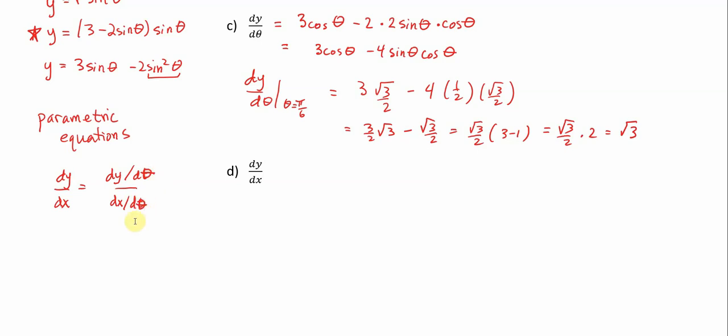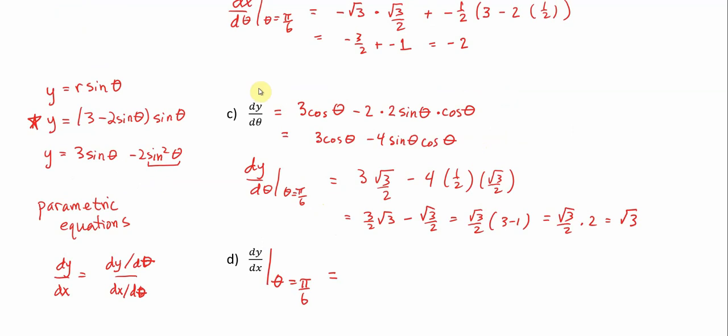So even though this looks like it could have been really messy, thank goodness we already have done all of the difficult work, so we can just combine them together. Dy dx is equal to dy d theta at theta equals pi over 6, which we figured out is just root 3, divided by dx d theta, which we already figured out is just negative 2. So this is just negative root 3 over 2.